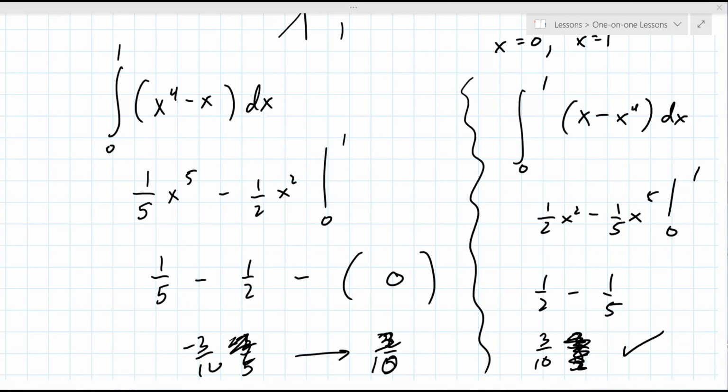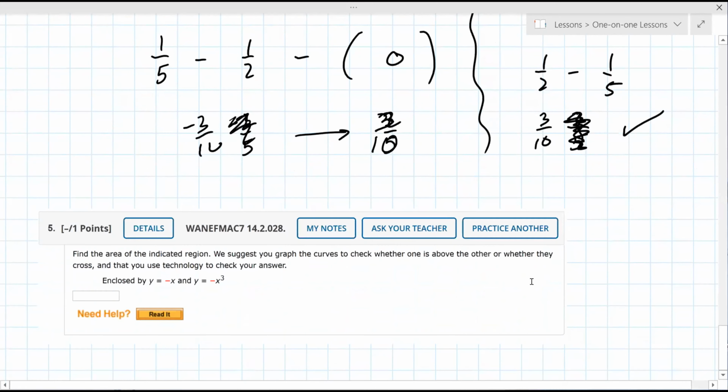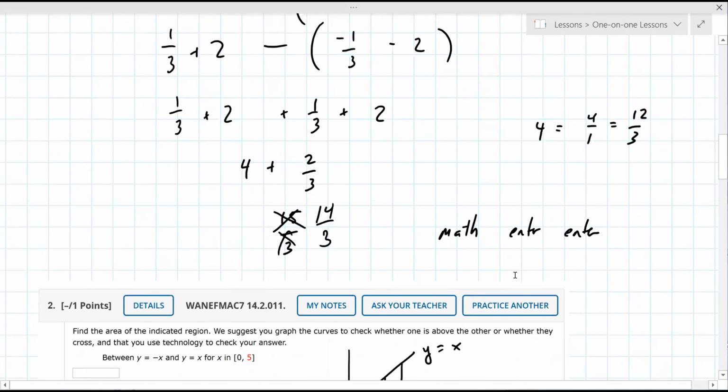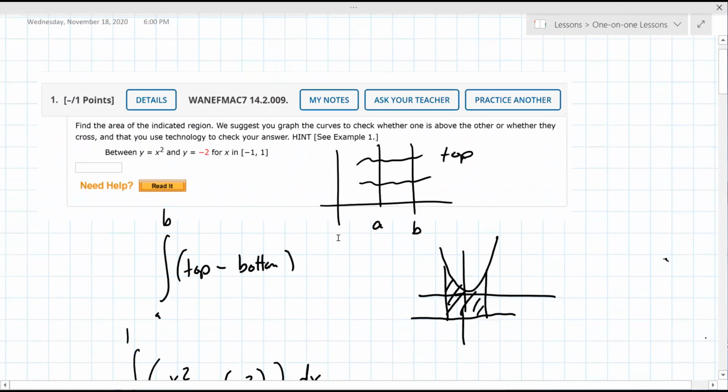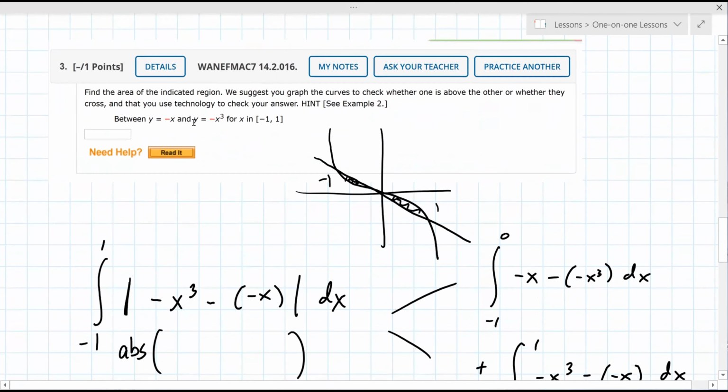All right, number 5. Find the area. We kind of already did this one.